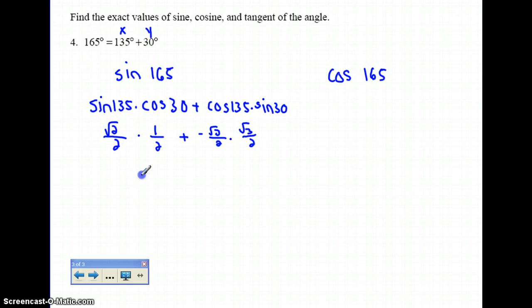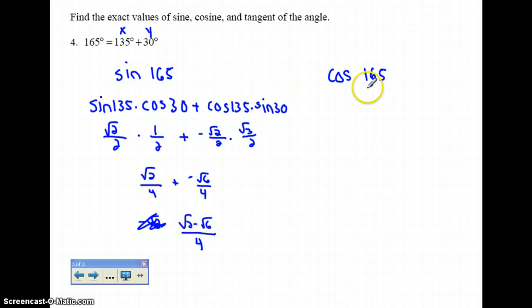Radical 2 times radical 3 is radical 6, over 4. And then negative radical 2 times 1 is negative radical 2 over 4. So the exact value is radical 6 minus radical 2 all over 4.